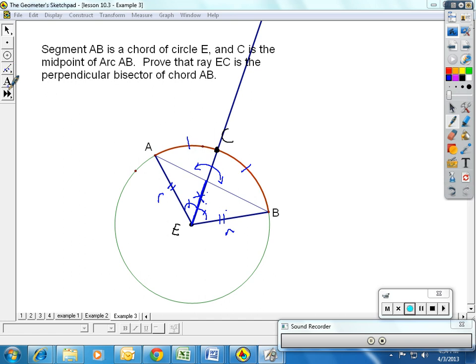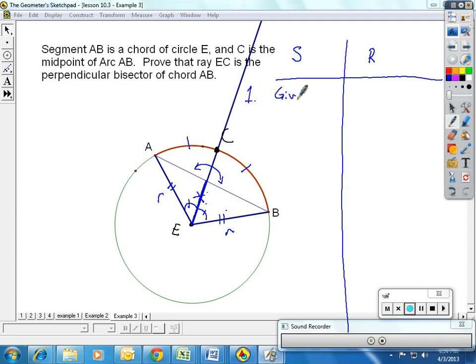So to write this up a bit, our proof would look like this. Statements and reasons. First, the givens. We'd state the givens. I'm gonna run out of room, so I'm gonna leave that go. Number two, what do we notice here?